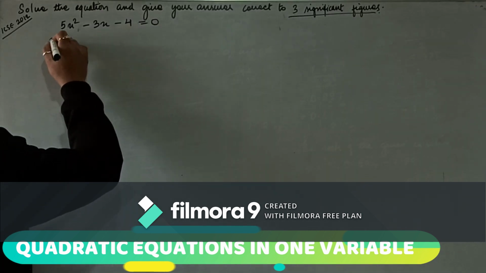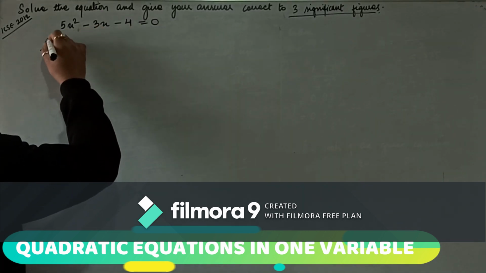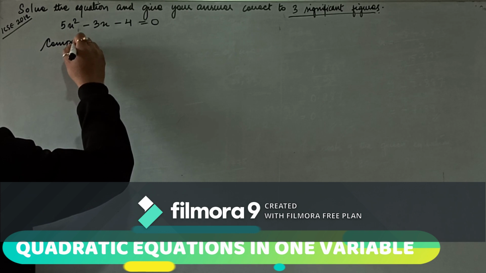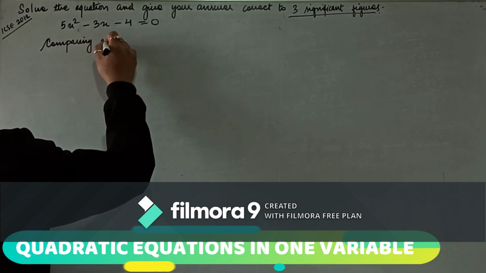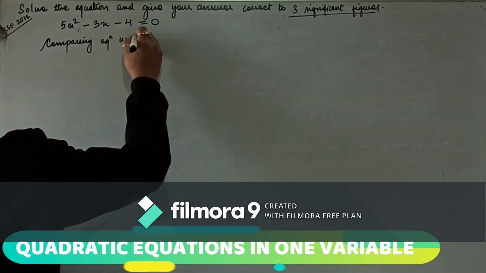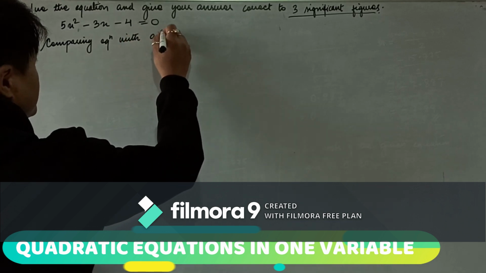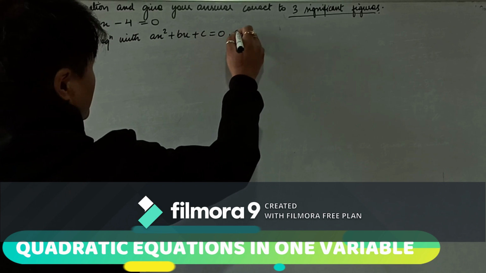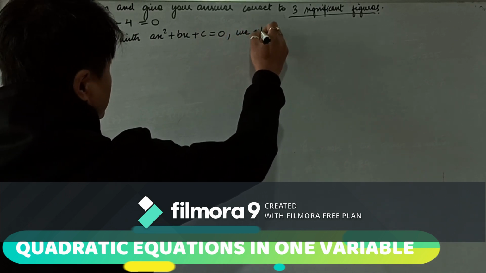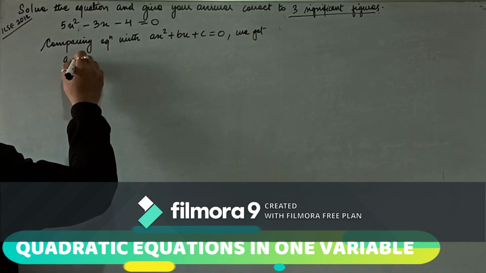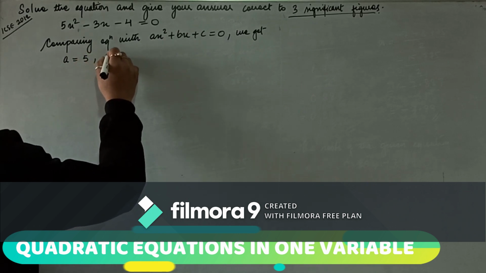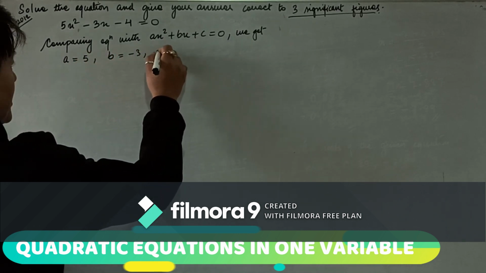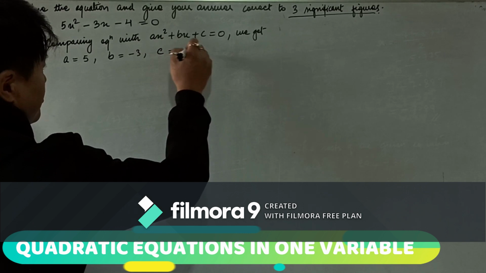So first thing is the same, comparing the equation with ax square plus bx plus c is equal to 0. We get here a is 5, b is minus 3 and c is minus 4.